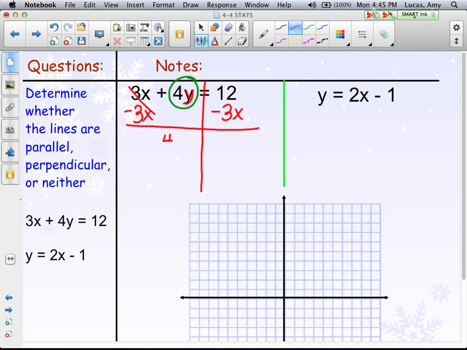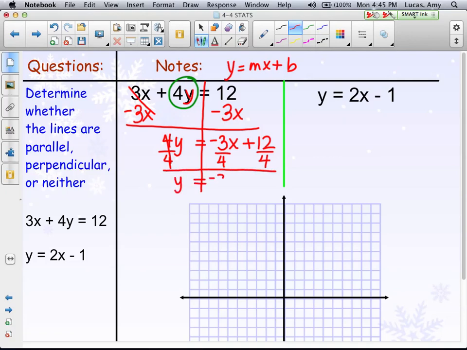So now I've got 4y equals, in this order, I'm going to write my -3x first, then my +12, because slope-intercept is y equals mx plus b, not y equals b plus mx. So I need the x after the equal sign. Second step, divide to get rid of the 4, and I divide everything by 4. So y equals negative 3/4 x plus 3.